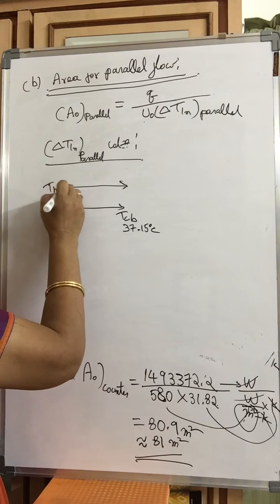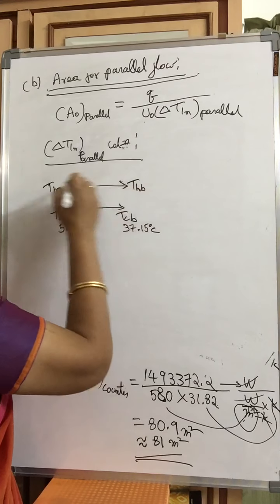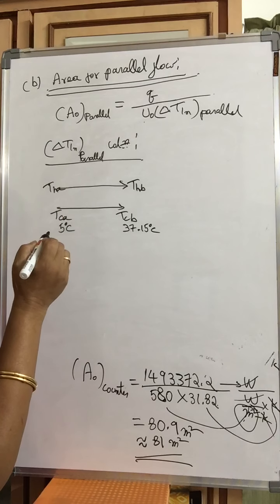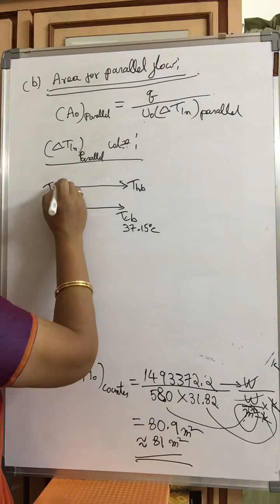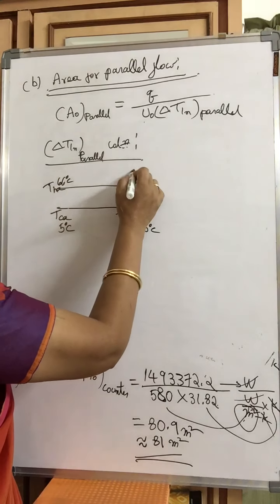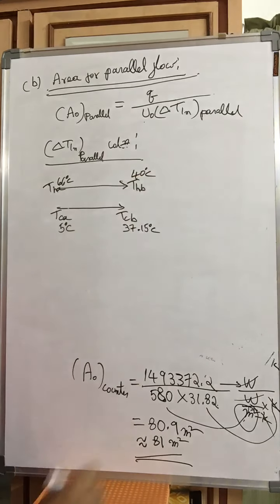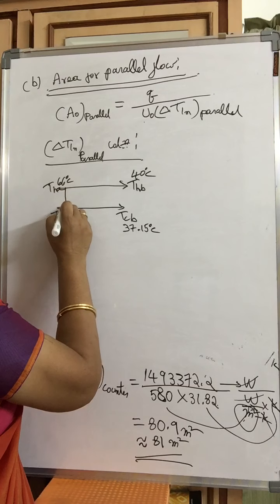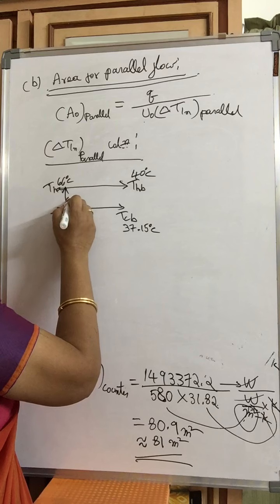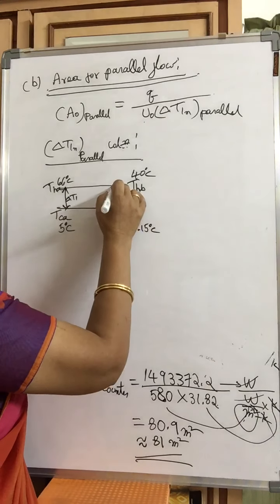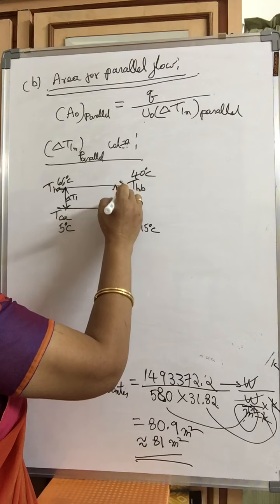This is THA and this is THB. And THA is how much? 66 degrees centigrade and this is 40 degrees centigrade. Okay. Then delta T1 is always at the entrance and delta T2 is always at the exit.